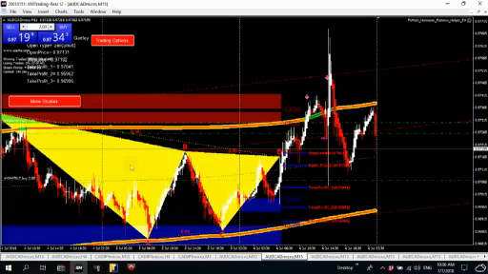Bat, crab, whatever. A lot of them, Gartley, butterfly, whatever. A lot exist. But the one I like to use, that I don't even deceive myself, I don't trade all these harmonics. The one that is best and good for me is what I choose to use, and this is the cipher.